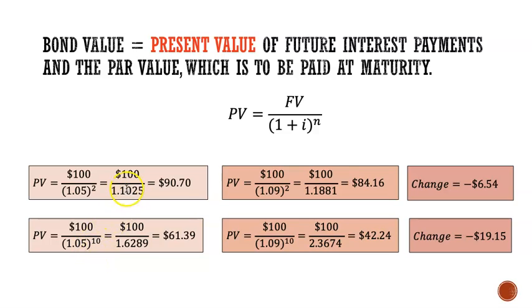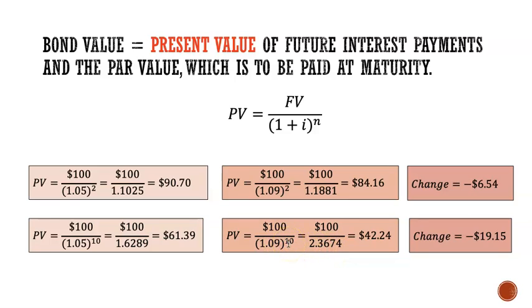On the other hand, if it's a 10-year period that we're looking at, let's look at the impact of the change. Look at the divisor here. The power here is 2, the power here is 10, and we are raising 1.05 to the 2 as compared to 1.05 to the 10. For this 4% increase in the rate, we are raising that additional 4% to the power 10. So there's going to be a bigger change in the denominator when the power is higher.